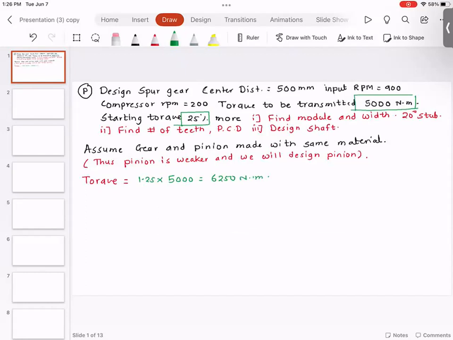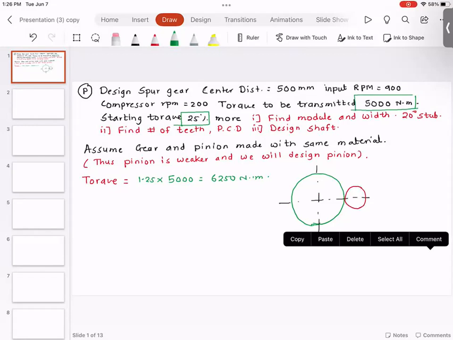Now this is the gear, and then this is the pinion. Another design requirement that is talked about is the input RPM is 900 and the compressor RPM is 200.